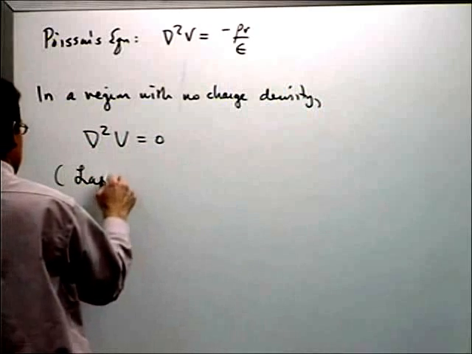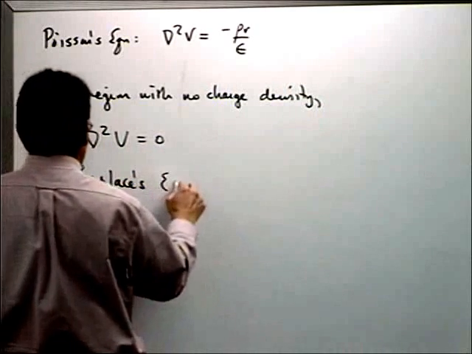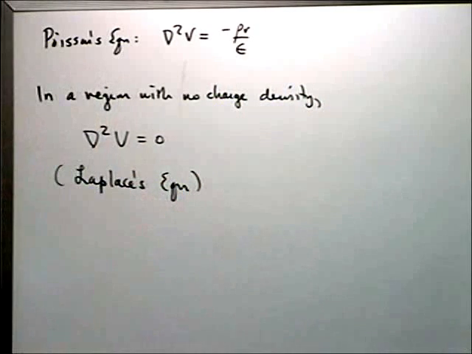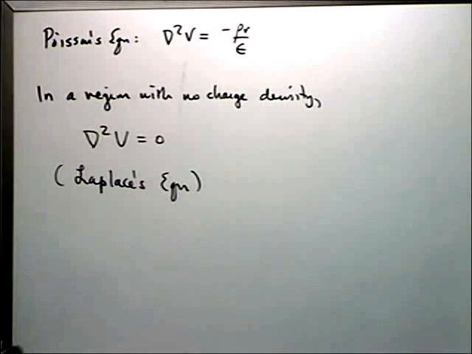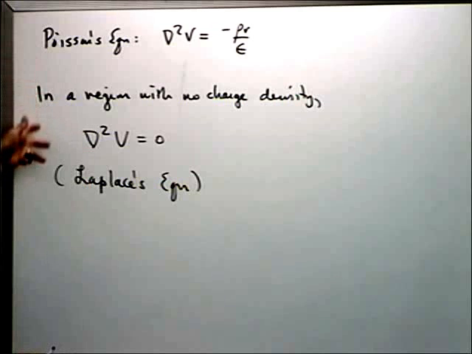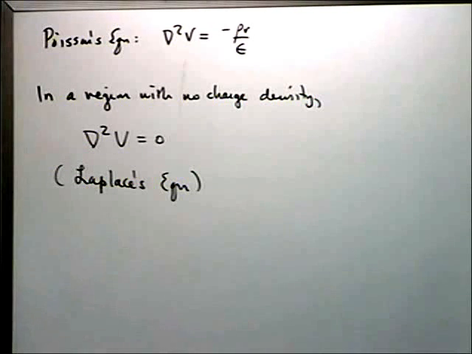And this is what we call Laplace's equation. So the scalar potential voltage function that we're talking about here, associated with some charge distribution, is either going to satisfy Poisson's equation, or if there is no volume charge spread around in some region, it'll satisfy Laplace's equation. Okay.